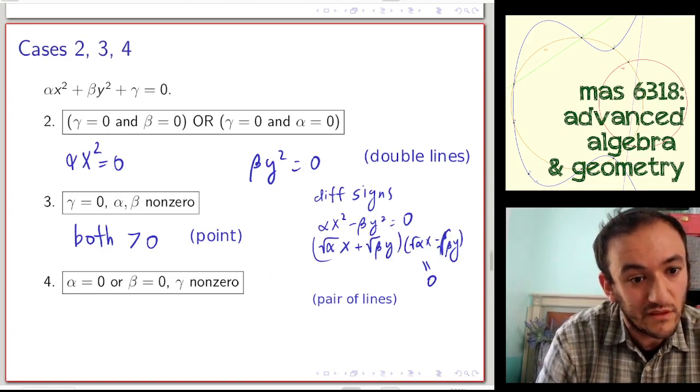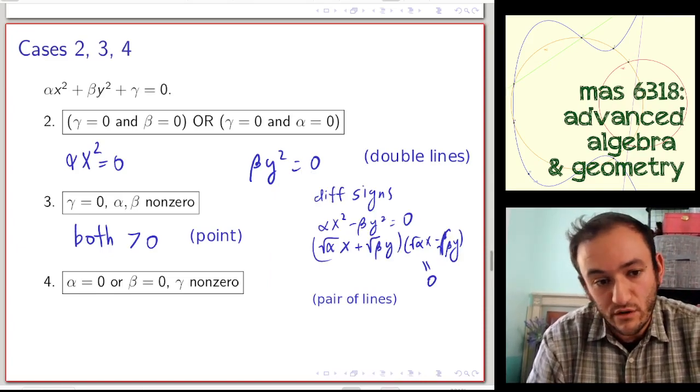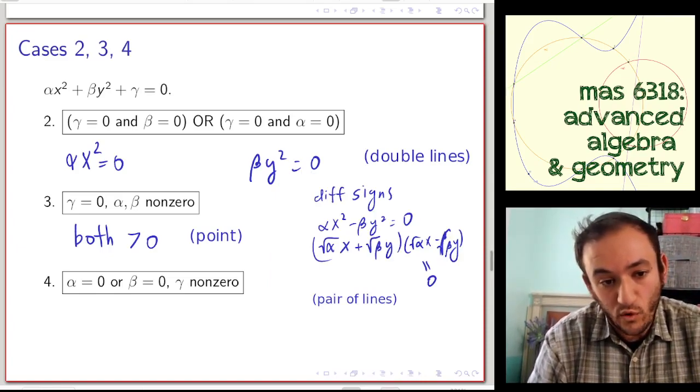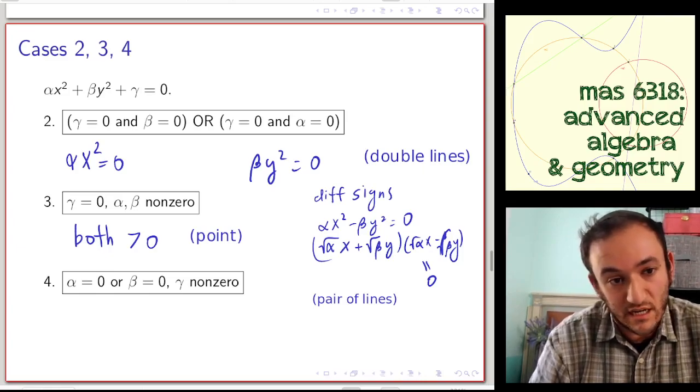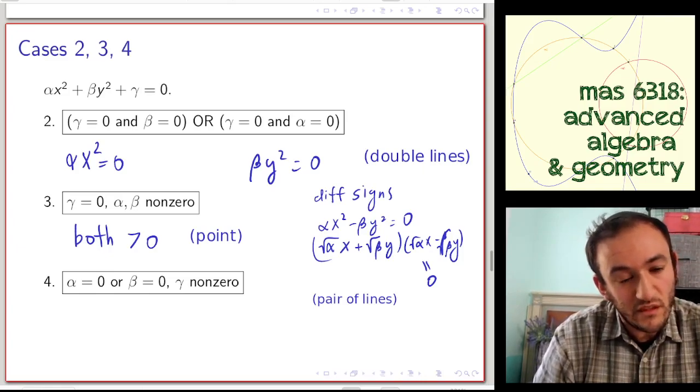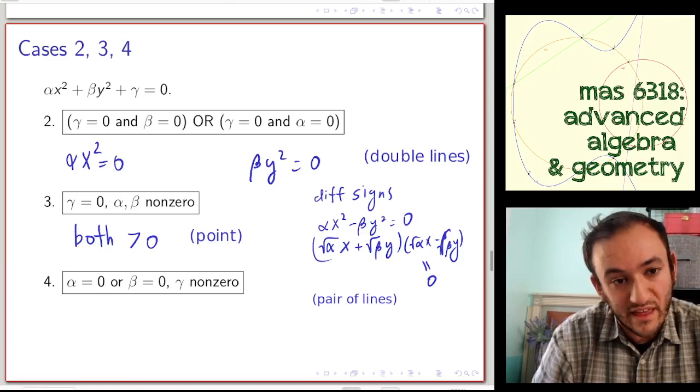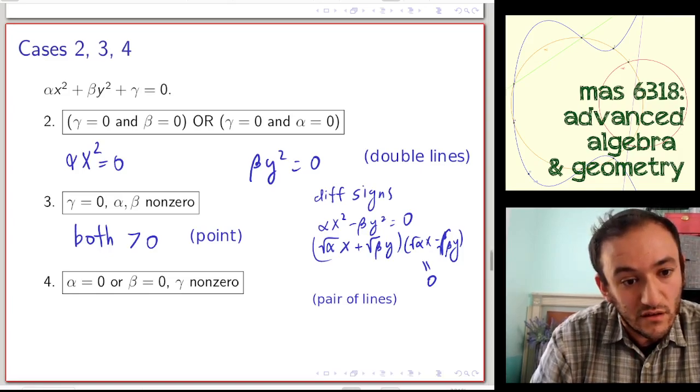Okay. How about if alpha equals 0 or beta equals 0, but we know gamma is non-zero? So that means we have, for example, alpha x squared equals minus gamma.